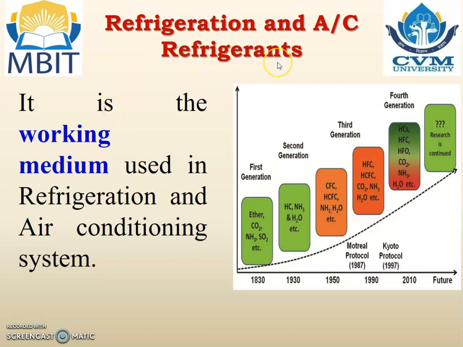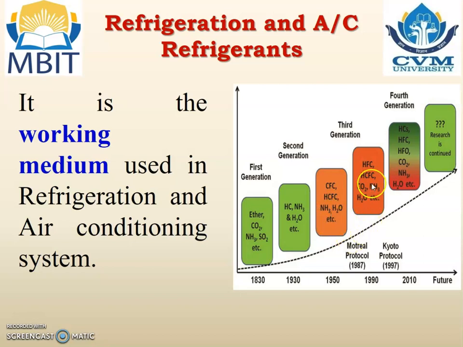So refrigerants. What is a refrigerant? It is a working medium used in refrigeration and air conditioning systems. So you can see here there are different types of refrigerants that have been invented. Previously we were using NH3, CO2. Then after, second generation refrigerants: hydrocarbons, NH3 ammonia, H2O water. Then CFC, chlorofluorocarbon.